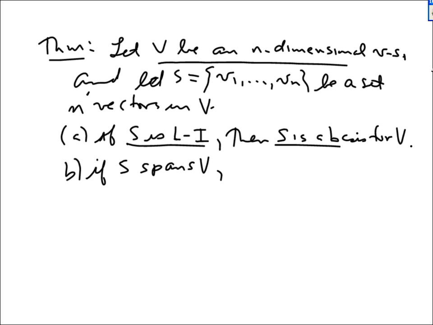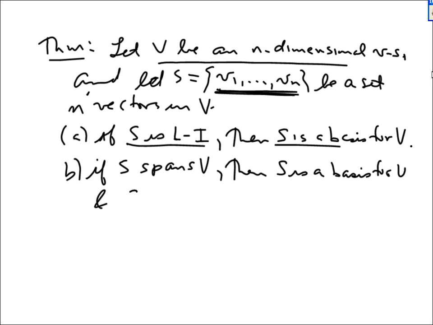If S spans V, and it has exactly n vectors, then S is a basis for V. And S is a linearly independent set.